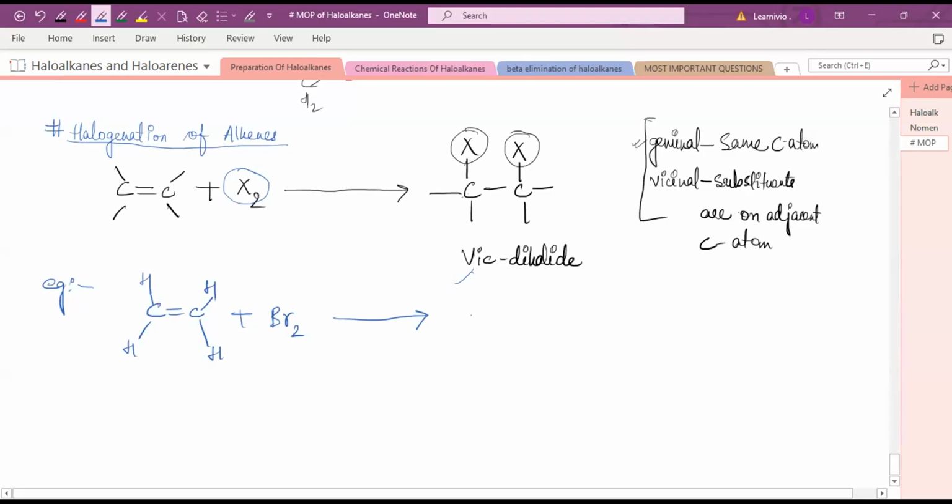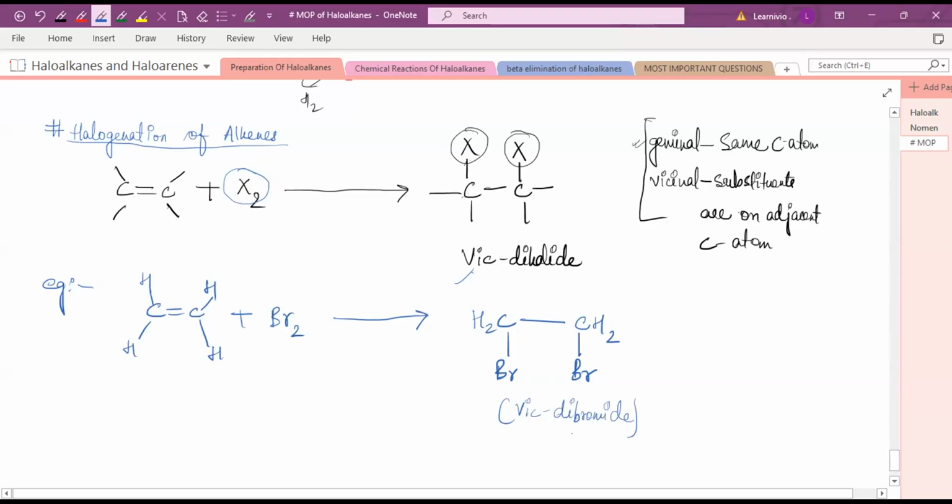No, it's CH2. This is CH2, CH2, and this bond will break down. Here a bromine group will attach, and on the adjacent carbon, a second bromine group will be attached. So this will give you vicinal dibromide. Got it?